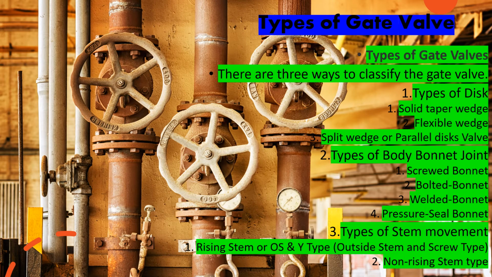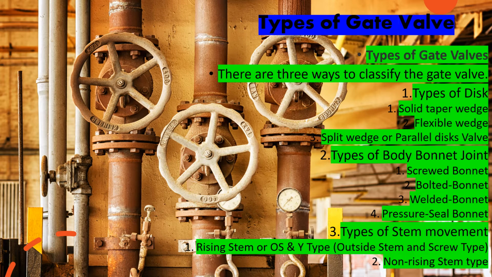Now we can classify gate valves into 3 different types. Number 1, according to the type of disc. There are 3 subtypes: solid or taper wedge, flexible wedge, and split wedge or parallel disc valve.